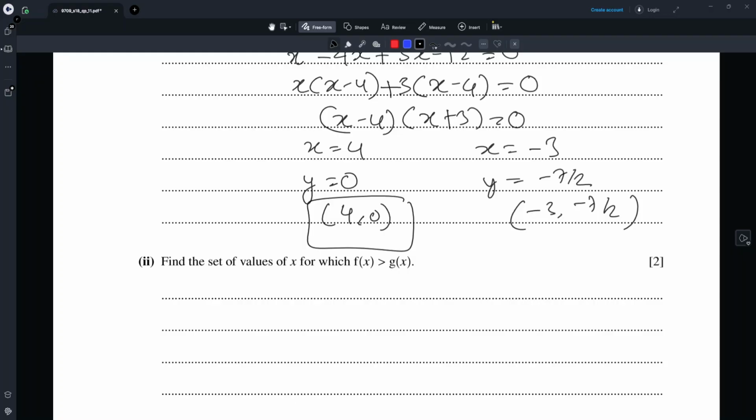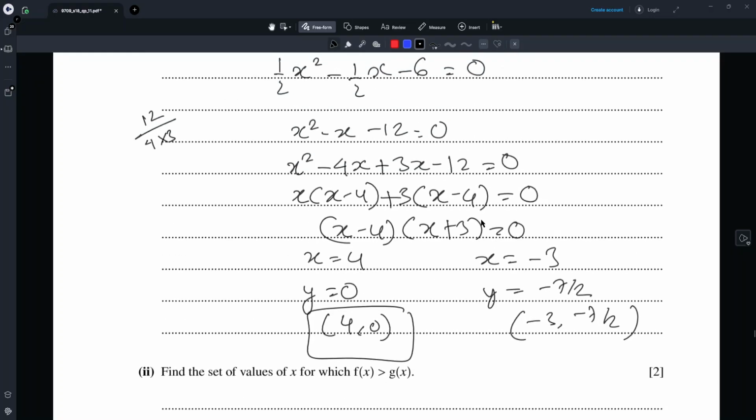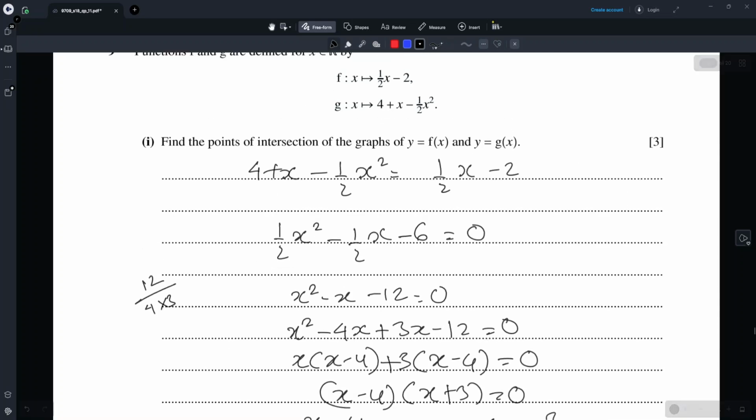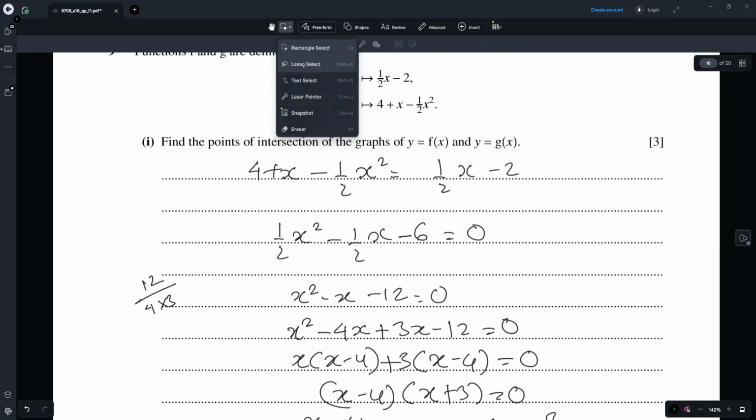Then it says find the set of values of x for which f of x is greater than g of x, which means that whatever we have here, where's that? This is something we need to be careful about.